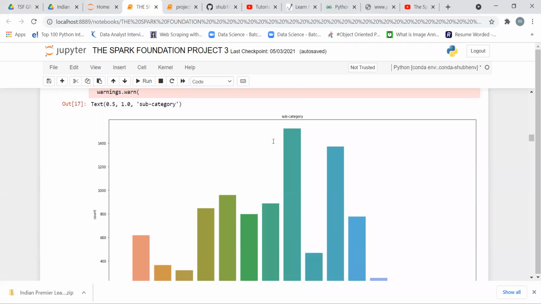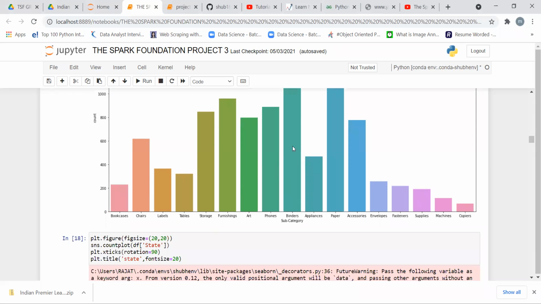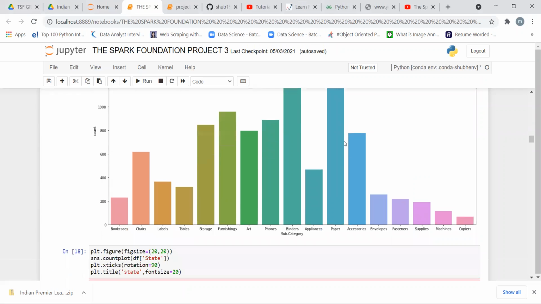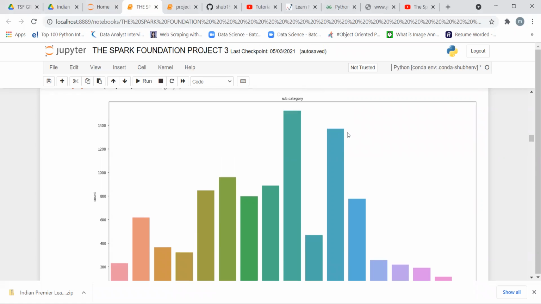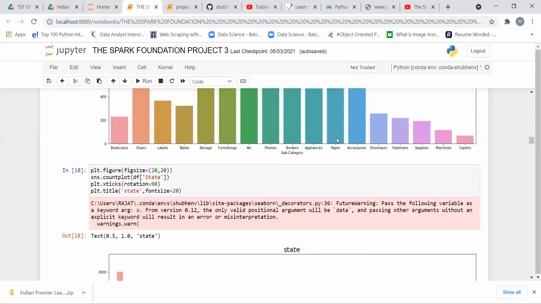So it affects more in profit, or we can say sales. And the second one is this one, paper. The value of paper affects more in terms of profit and sales.